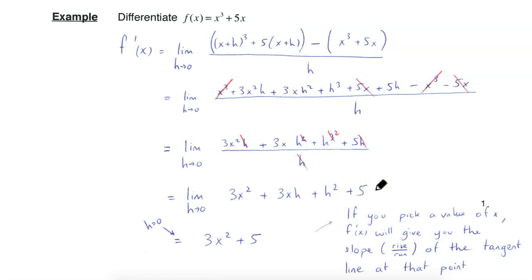If h equals 0, what is left over? Well, 3x squared plus 5. And that's the derivative. So if you pick at this point any value for x, f prime of x will give you the slope of the tangent line at that point. So f prime of x equals 3x squared plus 5.